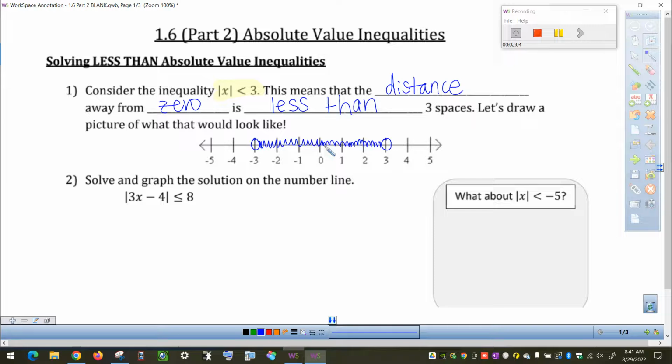Now, if we wanted to represent our answer, like how could we show what's on the number line graph using symbols? Well, off to the side, we could write this. Actually, I'm going to put this above my number line picture because it kind of matches with what we see on the number line. We're going to say here that x needs to be a value that's greater than negative 3, but at the same time, it needs to be less than 3.